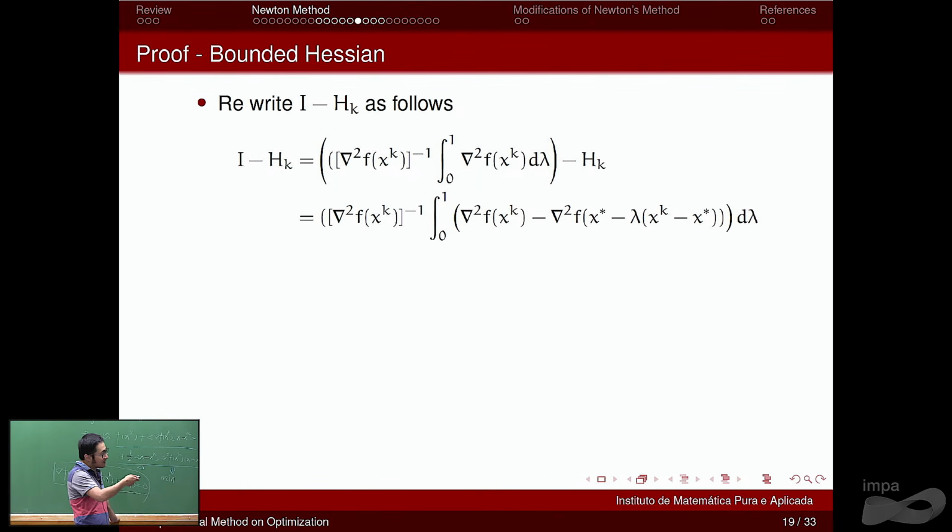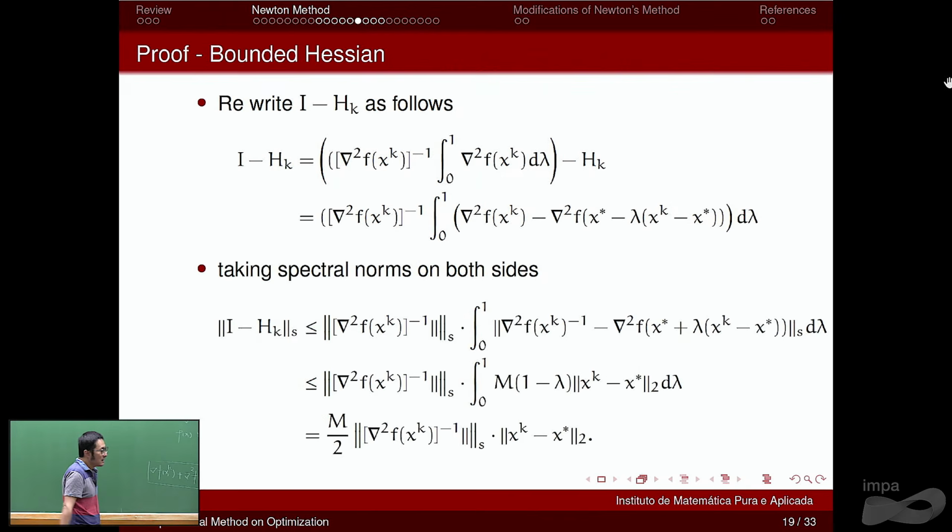First, we rewrite this matrix. We rewrite the identity matrix in this form, and then we can put this inverse outside of the integral. Then we take the spectral norm on both sides of this equality and use the inequality about the integral.